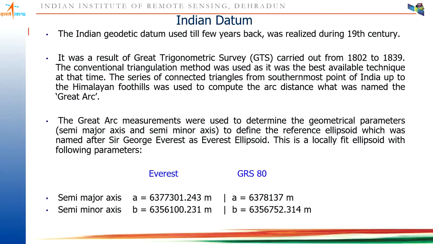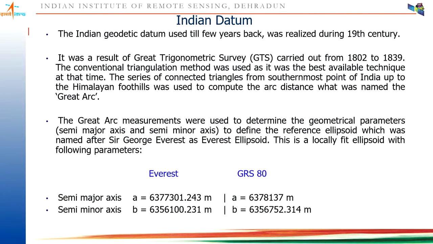A series of connected triangles from the southernmost point of India up to the Himalayan foothills was used to compute the arc distance, which was named the Great Arc. The Great Arc measurements were used to determine the geometrical parameters, the semi-major axis and the semi-minor axis, to define the reference ellipsoid, which was named after Sir George Everest as the Everest ellipsoid.